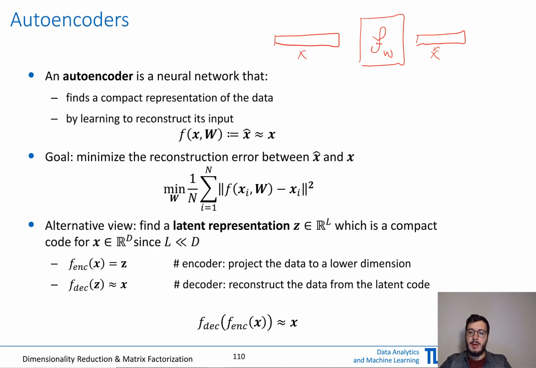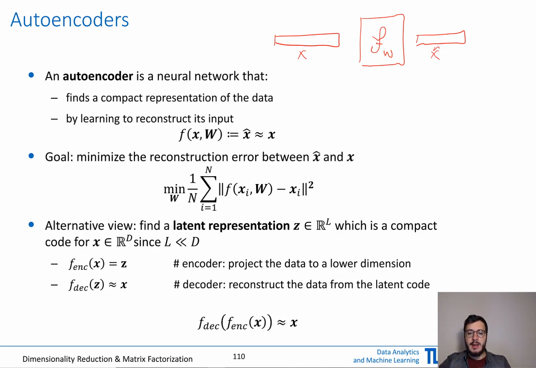The way we're going to learn the autoencoder and optimize the weights w is by learning to reconstruct the input. That is, let's say the input is a 100,000-dimensional vector, the output is also a 100,000-dimensional vector, and we're simply going to minimize the difference between the input and the output.